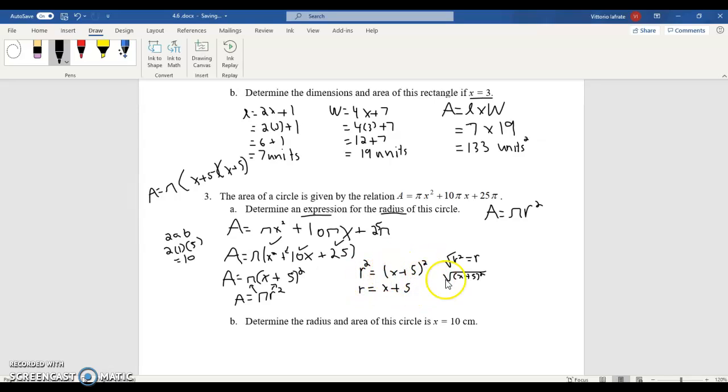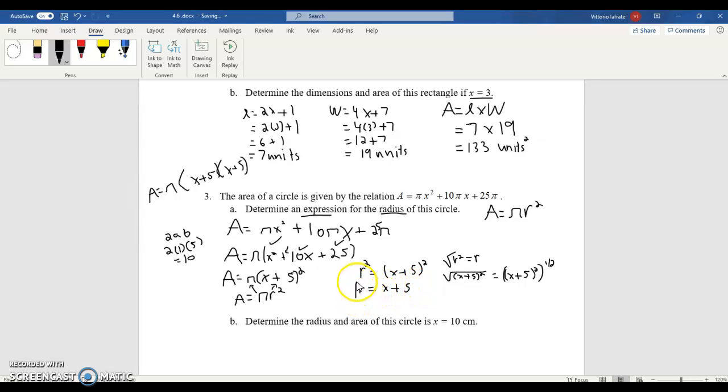Because you took the square root of this x plus 5 squared, and I'm just going to show you with exponent rules, x plus 5 squared. If you take its square root, what that means is you're basically doing this entire expression to the power of half. Half times 2 is 1, so it's x plus 5 to the power of 1, which is really just x plus 5. So basically, take the square root of your r squared, you get r is equal to x plus 5.